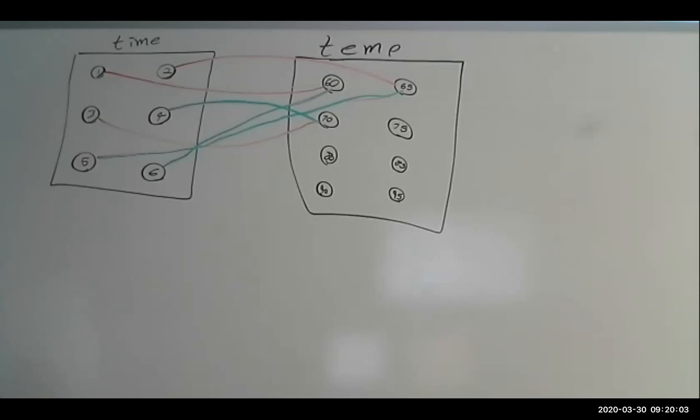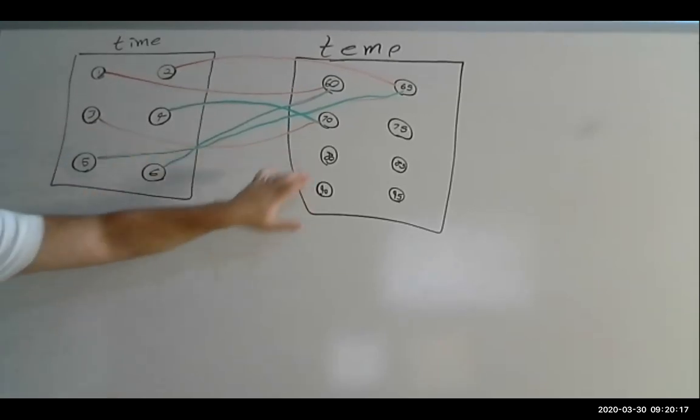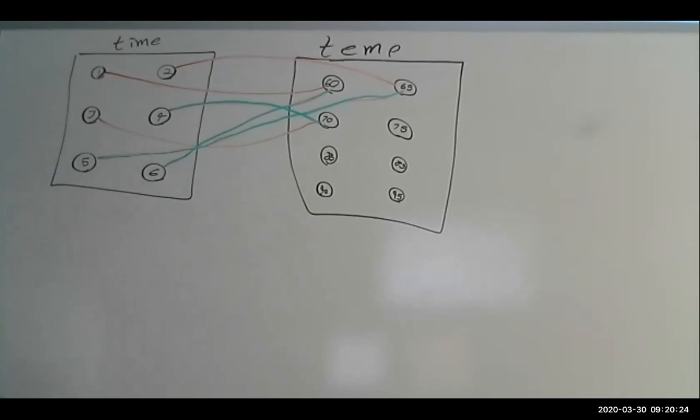But not every number in the range will get used. You can't go from any number over here and get to 80 or 85 or anything. So they are not used as outputs, even though they are over there. So every input gets used, but not necessarily every output.